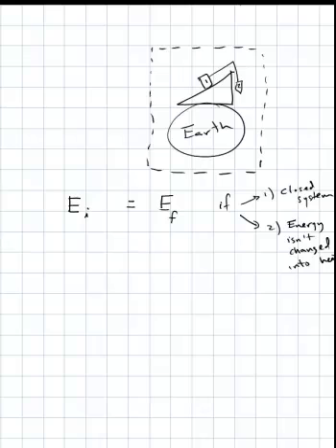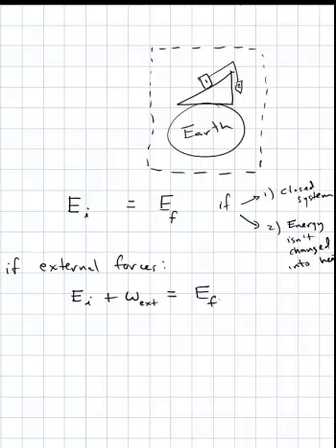So let's start with external forces. If external forces exist, then we modify this equation just slightly. We say our initial energy plus the work done by external forces is equal to the final mechanical energy in our system.